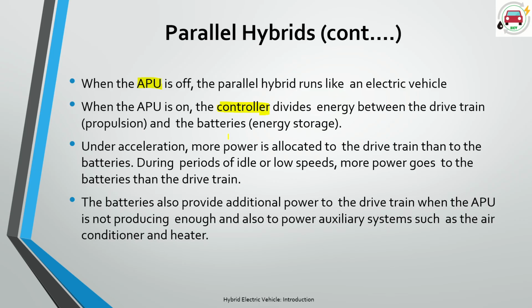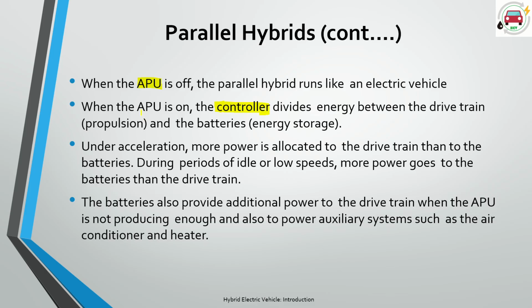Okay, and it is dividing the load between the APU as well as the electric motor, right? So it is managing all these activities and distributing the load of the vehicle. That is the work of this controller.